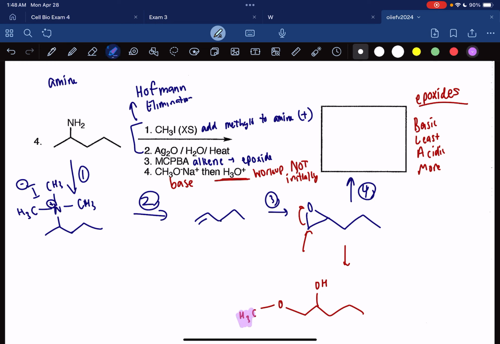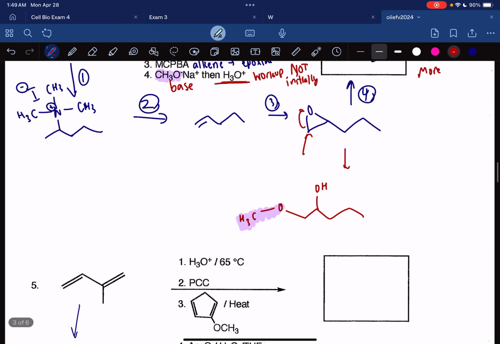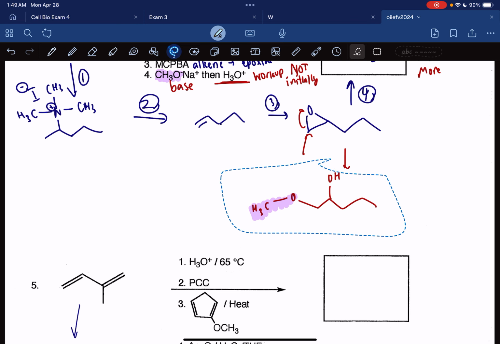This here in purple is from this reagent here, and you form a new bond. If we draw this in our products box, the original structure should stay. The OH opens up here, and then you form a new bond here. This in red is the new bond to OCH3. And that is the epoxide opening, the basic condition of an epoxide opening. So this one's also not too bad if you know what's going on.